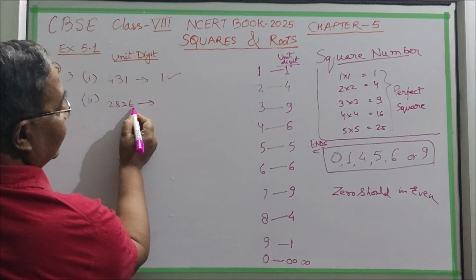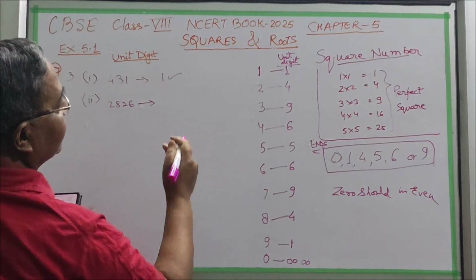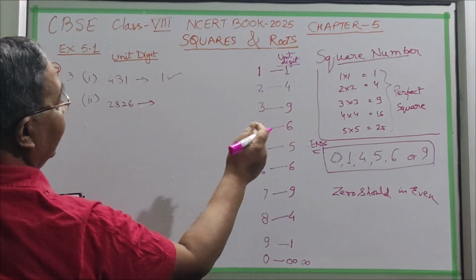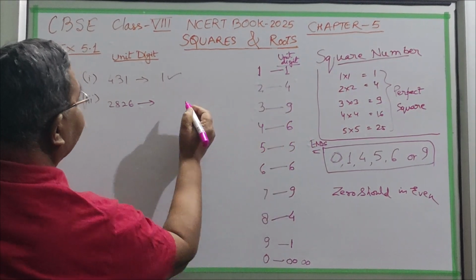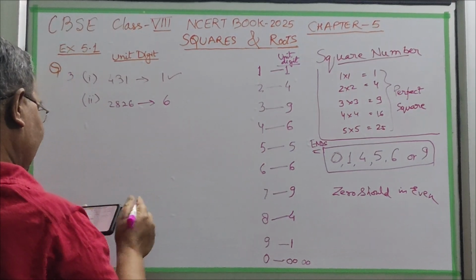Here the last digit is 6, so if you make its square, the unit digit will be 6 only.